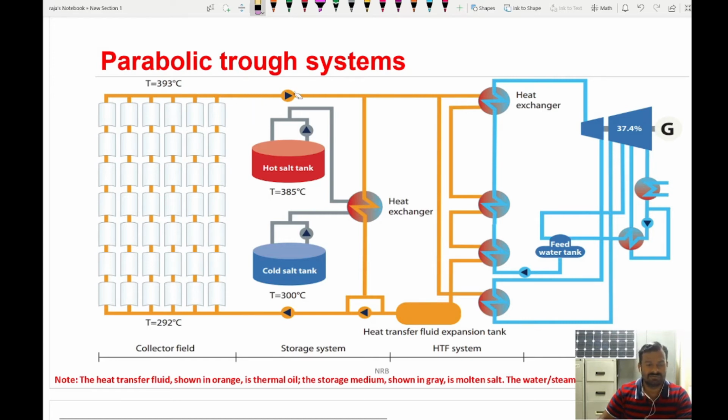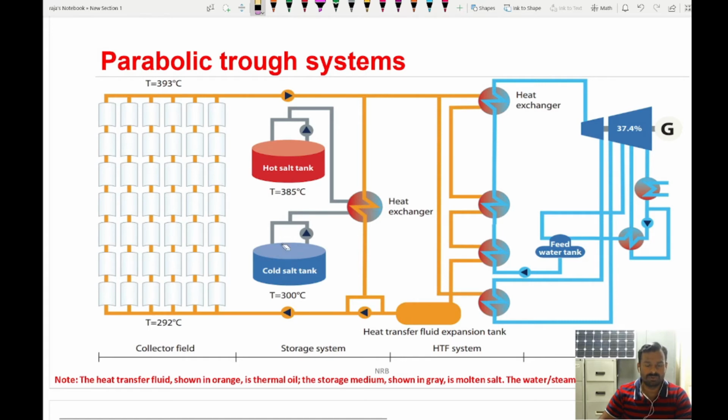This heat transfer fluid is going to absorb all this heat energy and circulate in this orange color line which I have shown in this picture. There are two paths. One goes through the heat exchanger here, and in this heat exchanger the heat is exchanged from the heat transfer fluid to the molten salt.